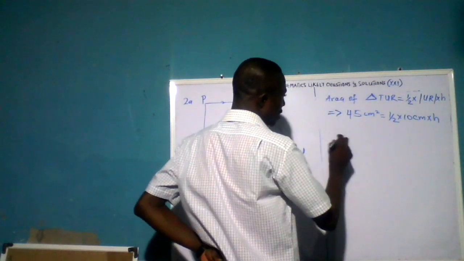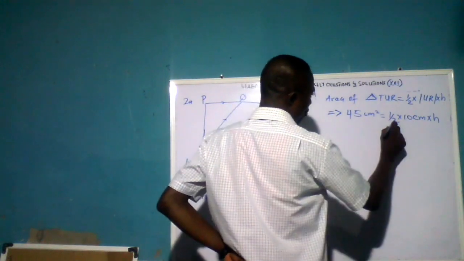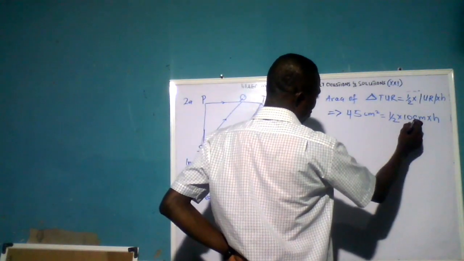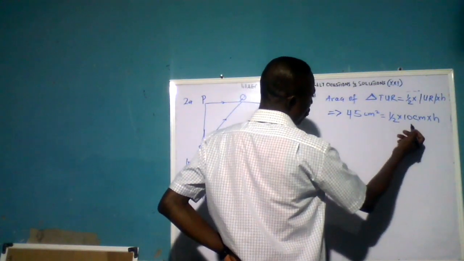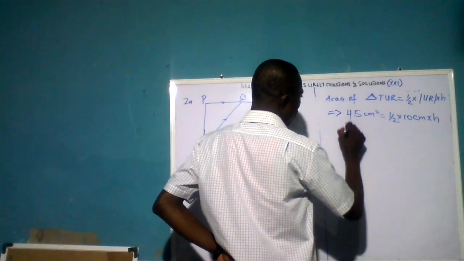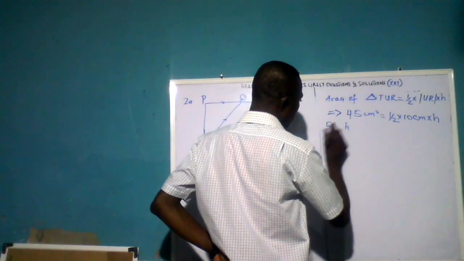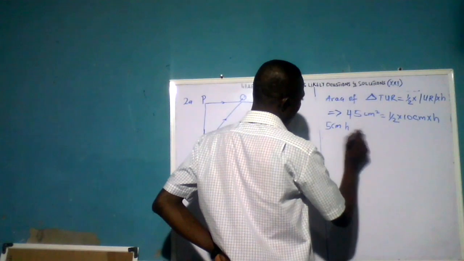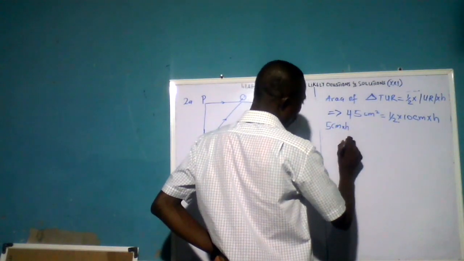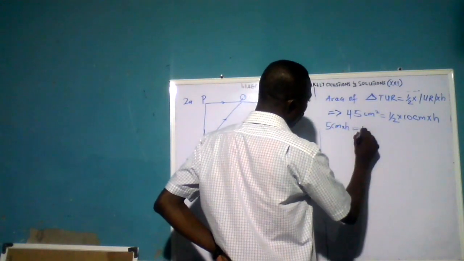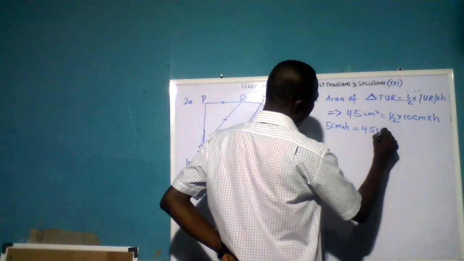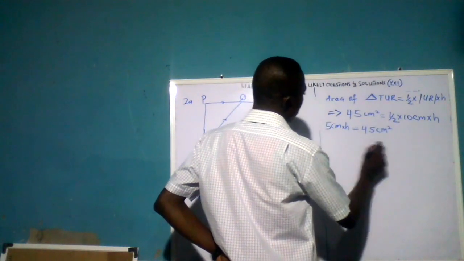So making height the subject of the formula, half times 10 will give us 5 centimeters. So you have 5 centimeters times h equals 45 centimeters square.